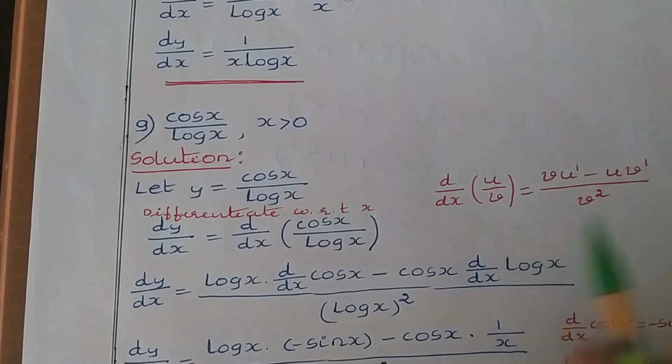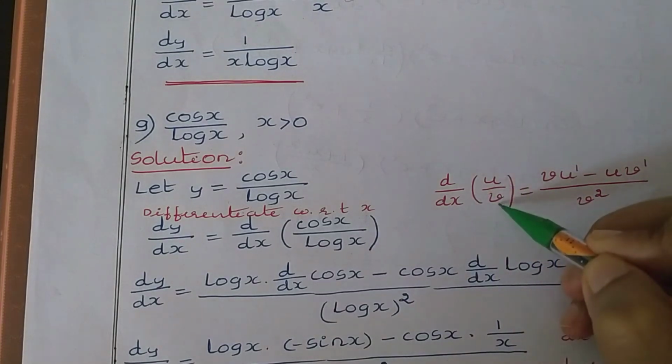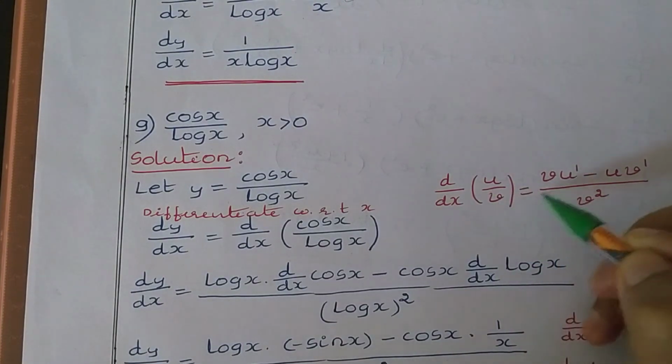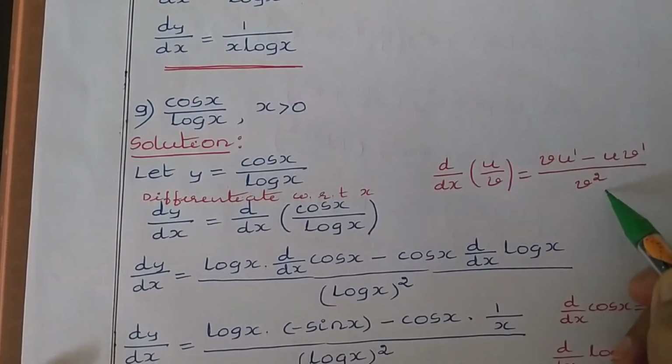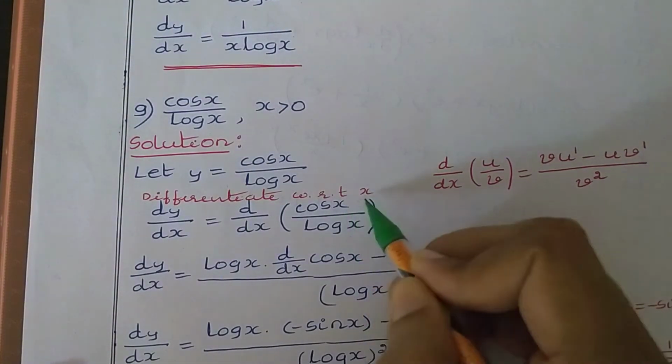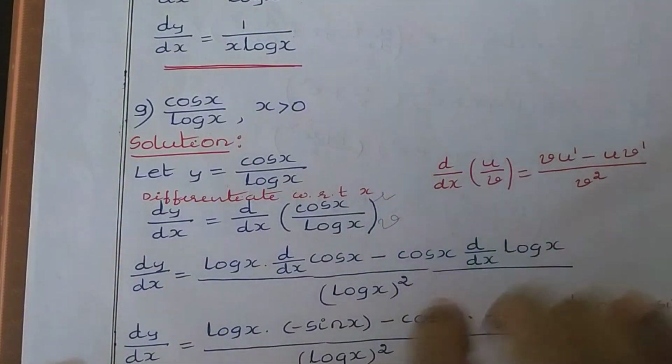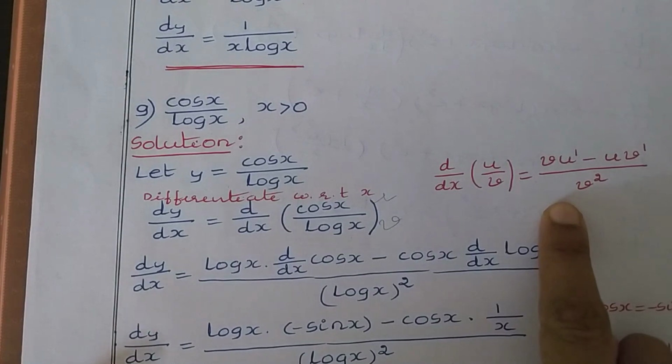The quotient rule is (u by v)' is equal to (v u' minus u v') divided by v square. So here take cos x as u and log x as v, and then apply this rule.